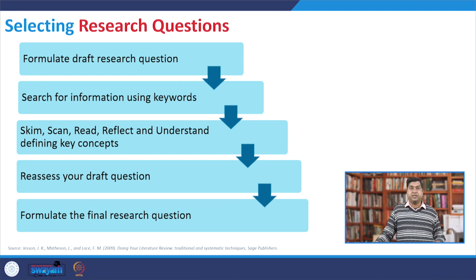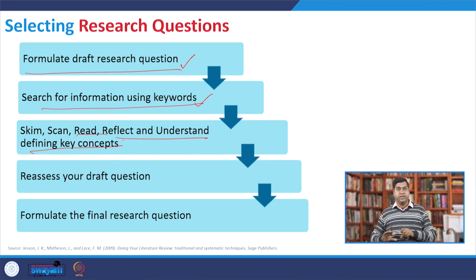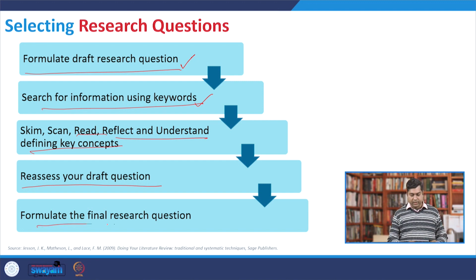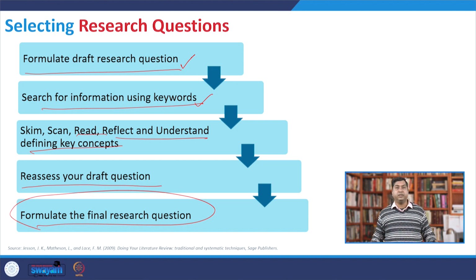Now, selecting research questions. For that, first we formulate the draft research question, search for the information with the keywords, then we quickly go through, we skim, then scan, read and reflect, and understand the key concept, reading the abstract, reading the conclusion, not going into the detail of the methodology at this stage. Then you again reassess your draft question and finally, you make your research questions depending on the gap.